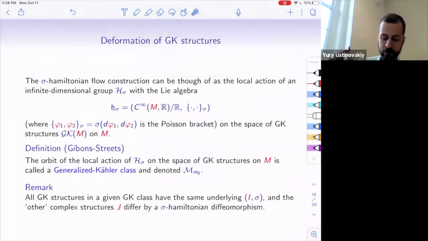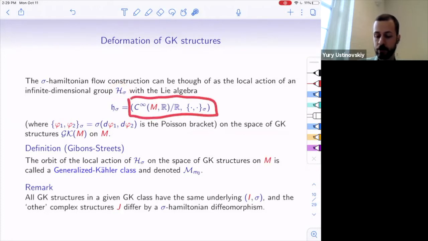Let me first reiterate a bit of what this sigma Hamiltonian flow construction does. A useful way to think about it is as an action of an infinite dimensional Lie group, called H sigma, with the Lie algebra modeled on the space of smooth functions modulo constants, with the bracket given by the Poisson bracket. This infinite dimensional Lie group acts on the space of all generalized Kähler structures on your manifold.